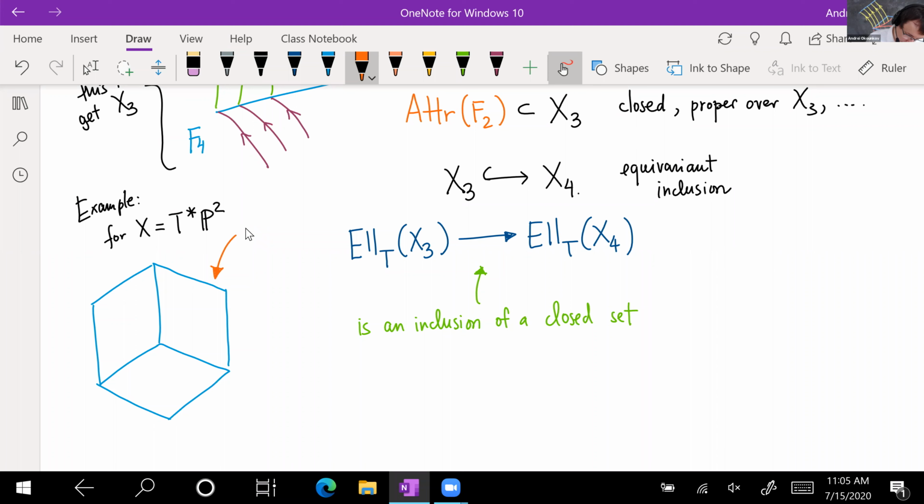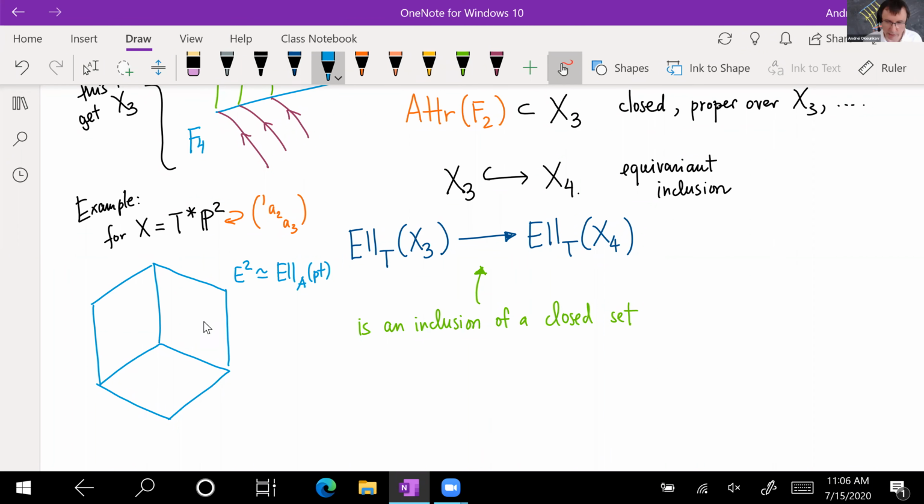So maybe take the torus, let the torus act with the action of a two-dimensional torus. So the equivariant homology of each fixed point is E cross E. So each of these pieces is E squared, isomorphic to the elliptic homology of a point, and they join together like this.